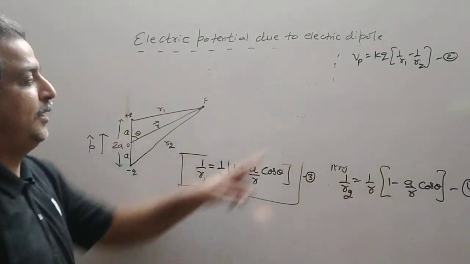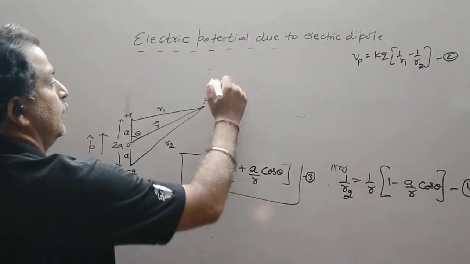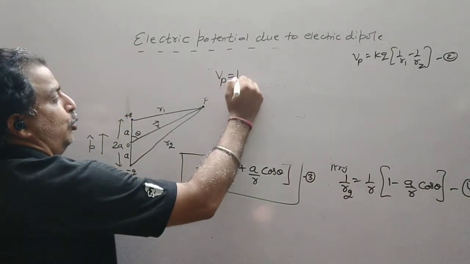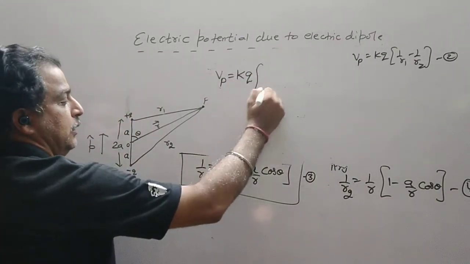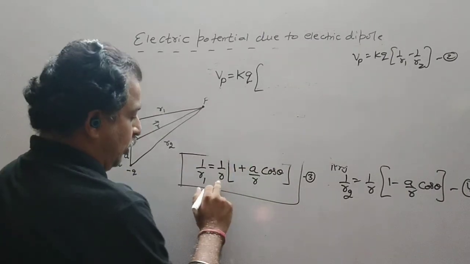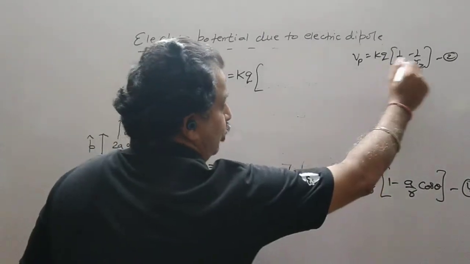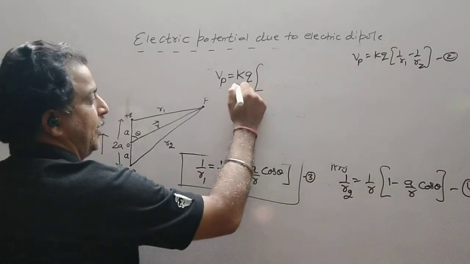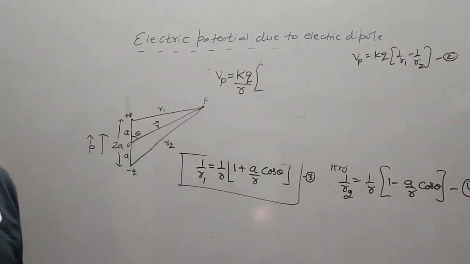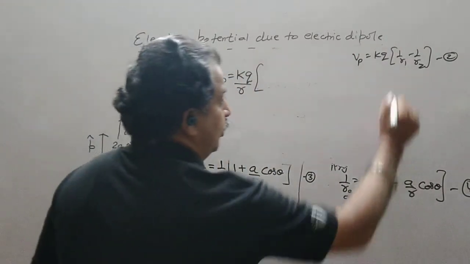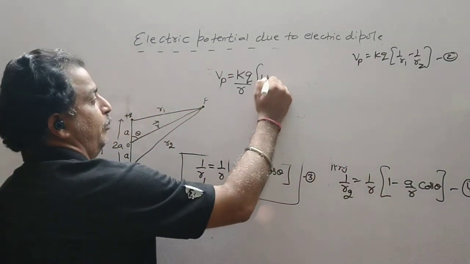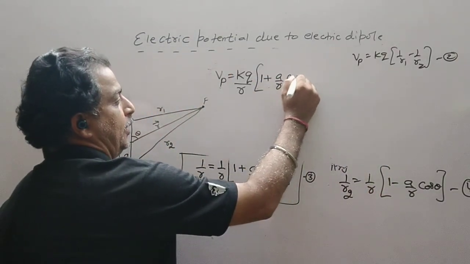So substituting, Vp is equal to Kq. Now 1 upon R1 and 1 upon R2, both have 1 upon R, so 1 upon R is taken as common. Now in the place of 1 upon R1, 1 plus A upon R cos theta.